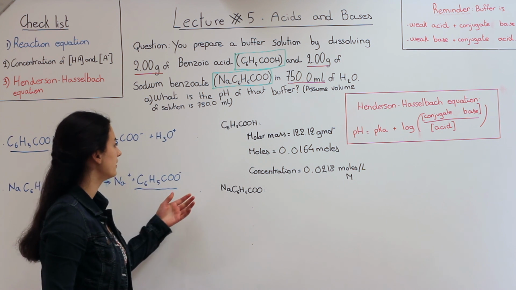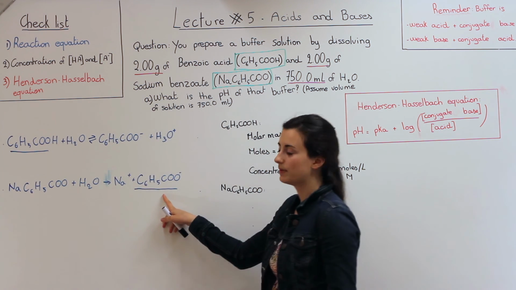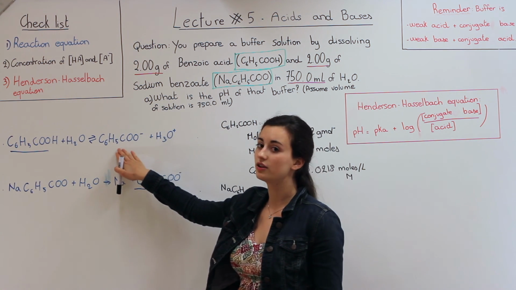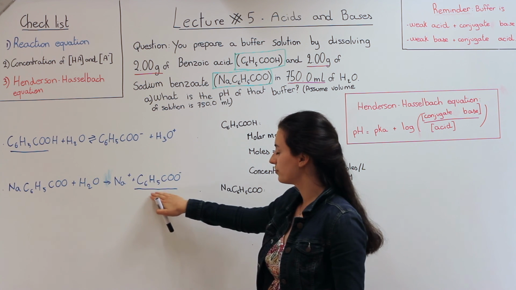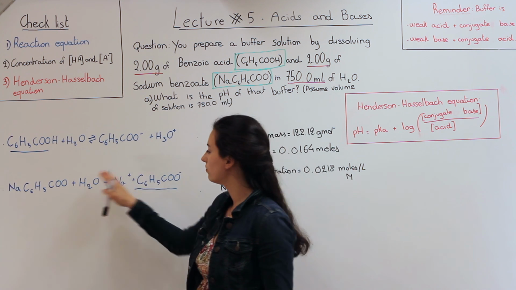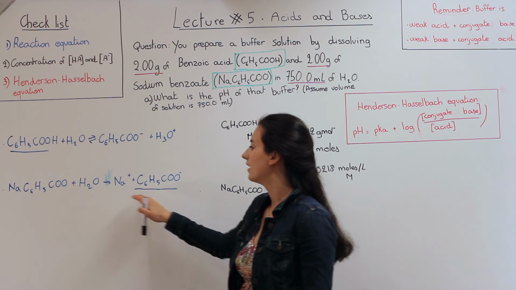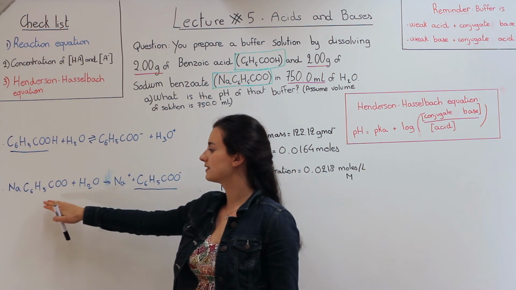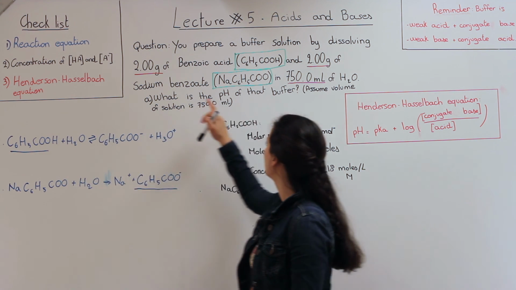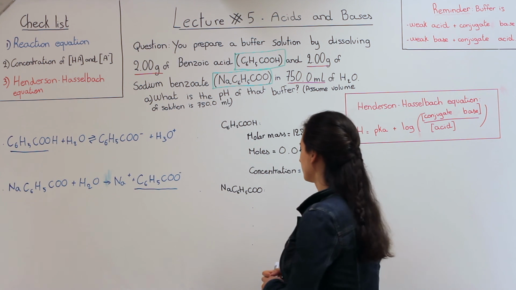Now we also want to find the concentration of this weak base, since this one is a negligible amount. To find the concentration of this, since it's a 1-to-1 ratio and the reaction goes to completion, we can simply find the concentration of the sodium benzoate.